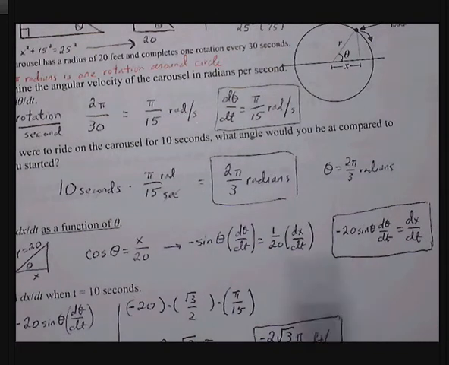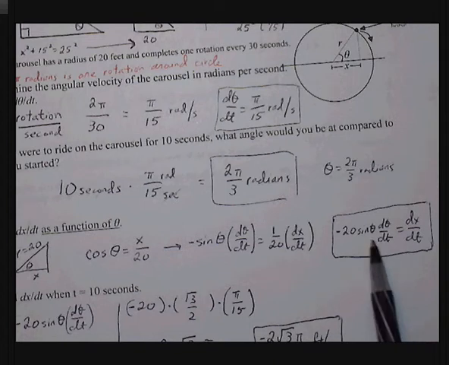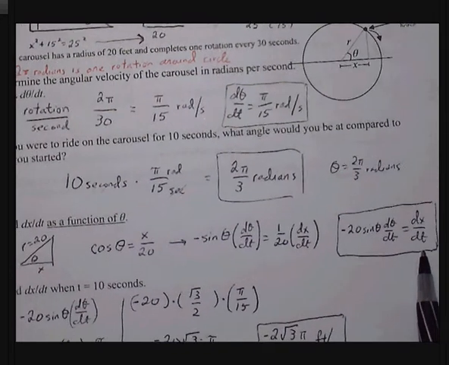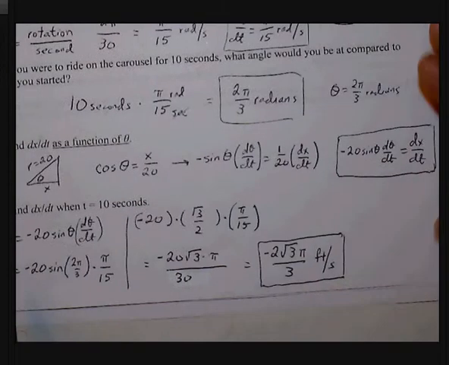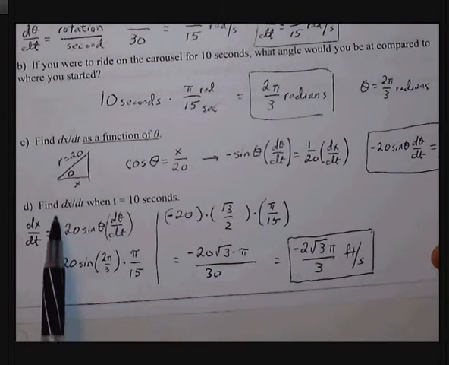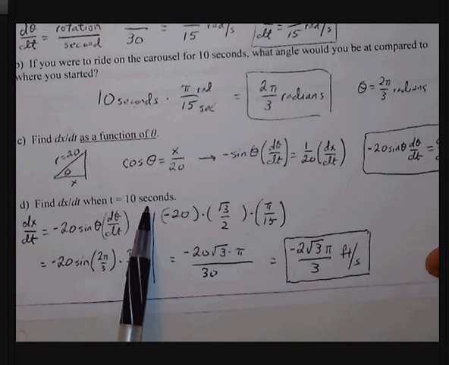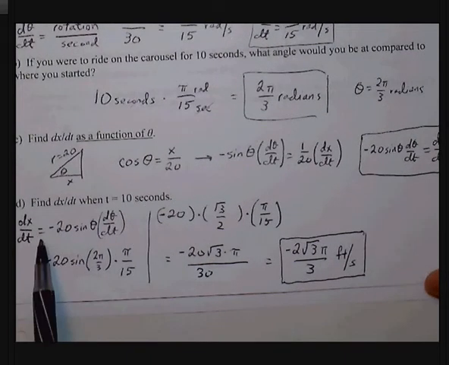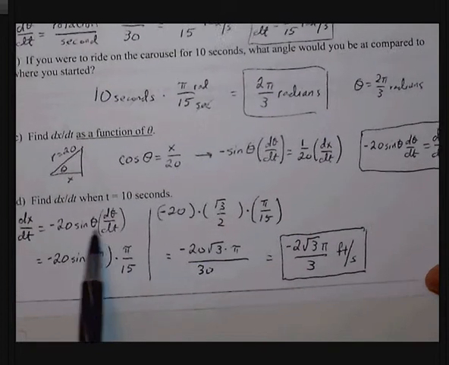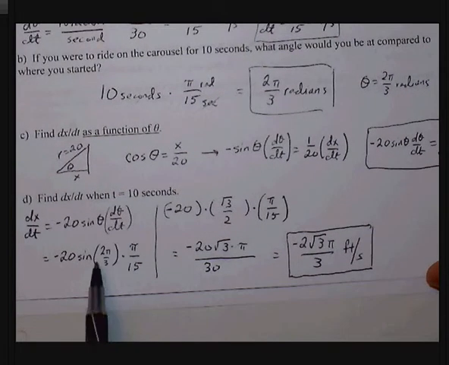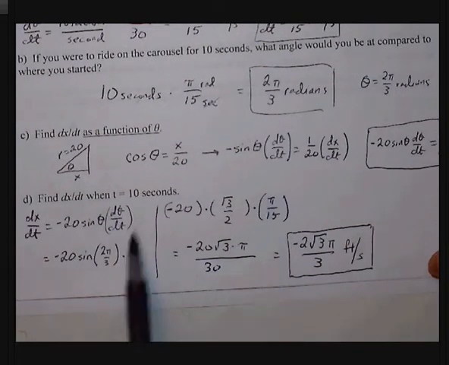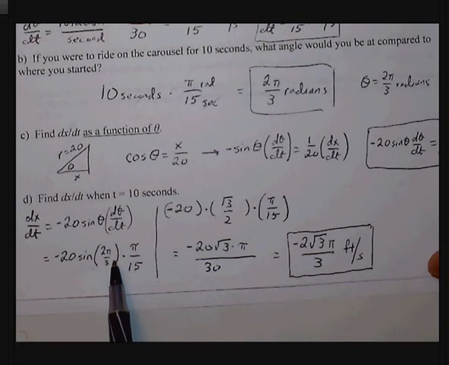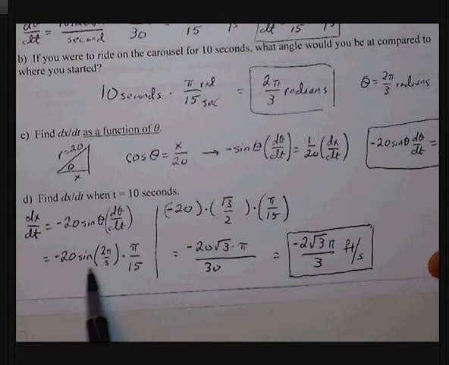Okay, so now, from all the information that we found from sections A through C, we can solve for D. Find dx dt when t is equal to 10 seconds. We know dx dt from part C is negative 20 sine of theta, d theta dt. Okay, so at 10 seconds, we know theta is 2 pi over 3 radians from part B. And d theta dt, we can pull from part A, which is pi over 15 radians per second.